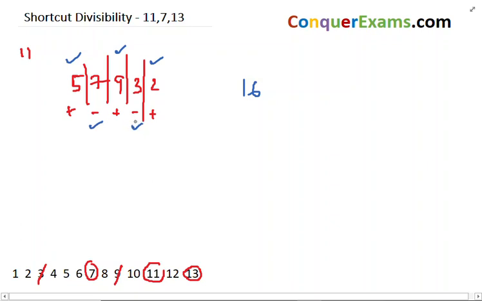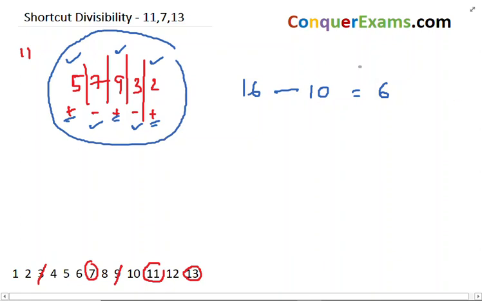and you have to find the sum of the digits at the even places, which is 7 plus 3, which is 10, and find the difference. So you get plus 16 and minus 10, and you add them, you get 6. If this number has to be divisible by 11, then whatever you get here has to be divisible by 11.